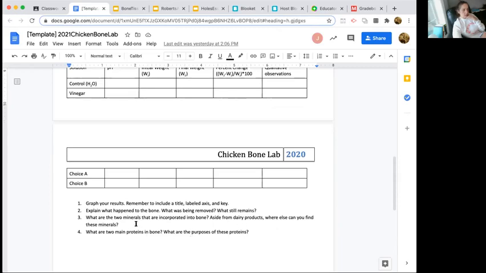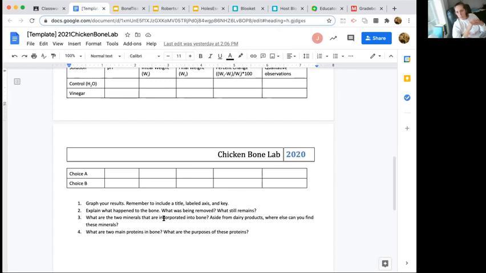So it's basically number 3 and 4 just asking you to look up what is the hard part of bone and what is it actually made up of chemically and where do we get it, so that we're getting that in our diet. And then number 4, what is that soft organic protein part made up of? When we say organic matrix or inorganic matrix and we're talking about bone tissue, what do those 2 things actually mean?